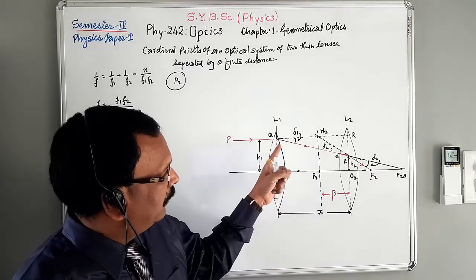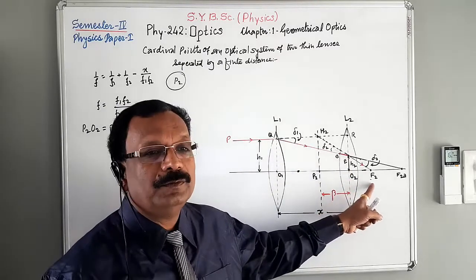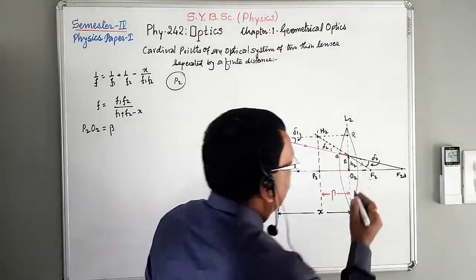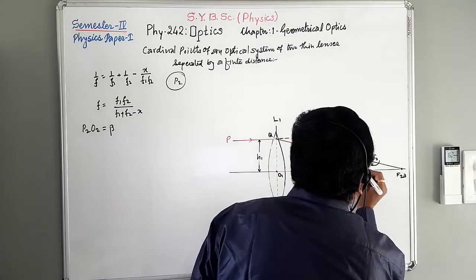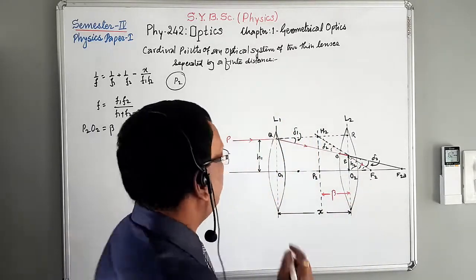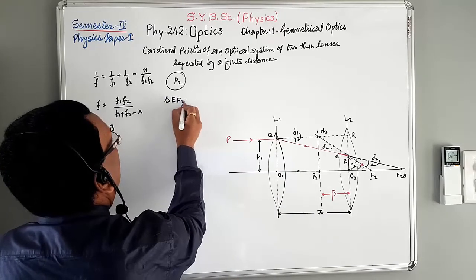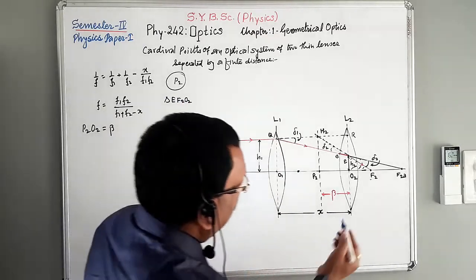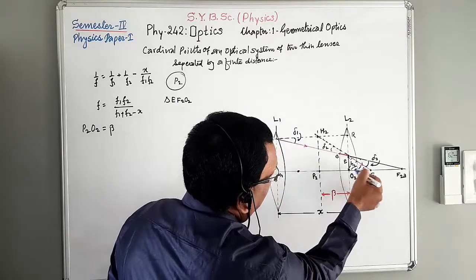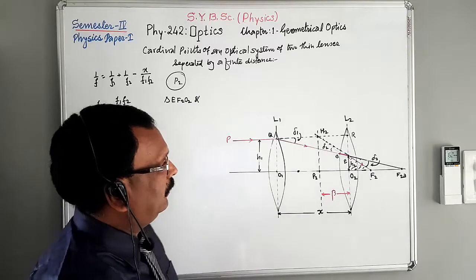The first triangle is EO2F2, or EF2O2. Which is this? EF2O2. This is the first triangle.